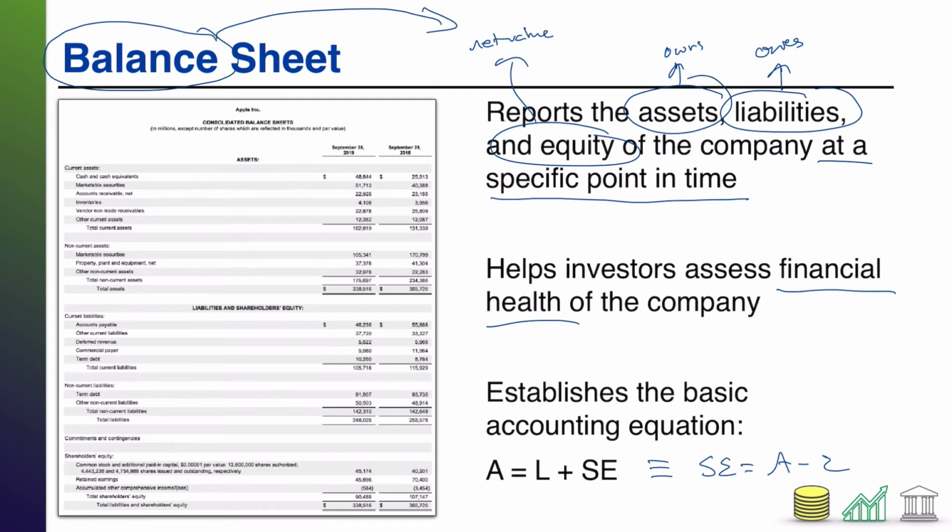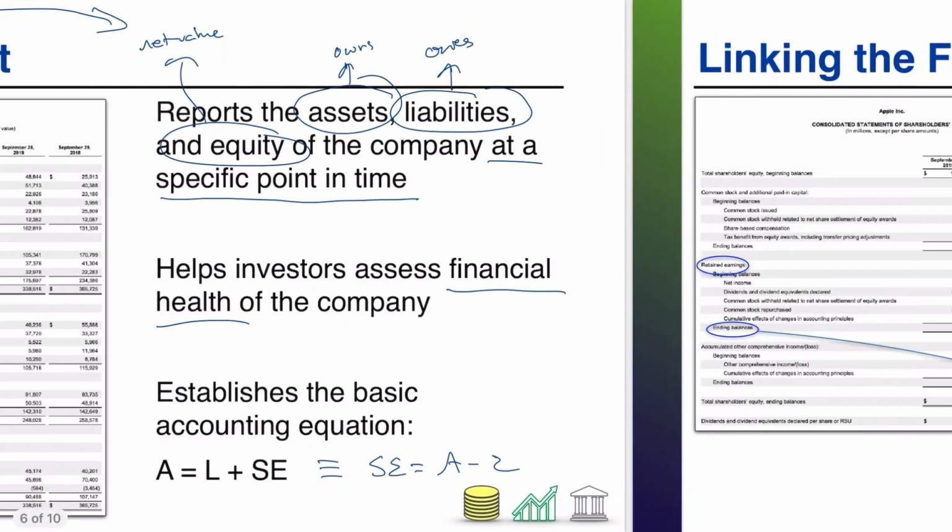Notice again, we have our shareholders' equity section in here, but it's only telling us balances at a point in time. It's not telling us what changed during the period, which is why we need that statement of shareholders' equity we just talked about. That was telling us how it changed during the period. Now again, independent pieces of information all linked together. You might be guessing how this is linked.